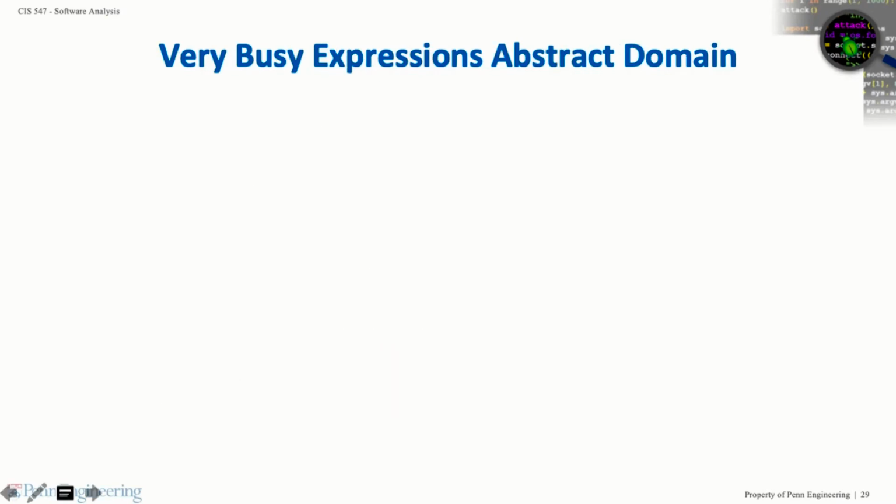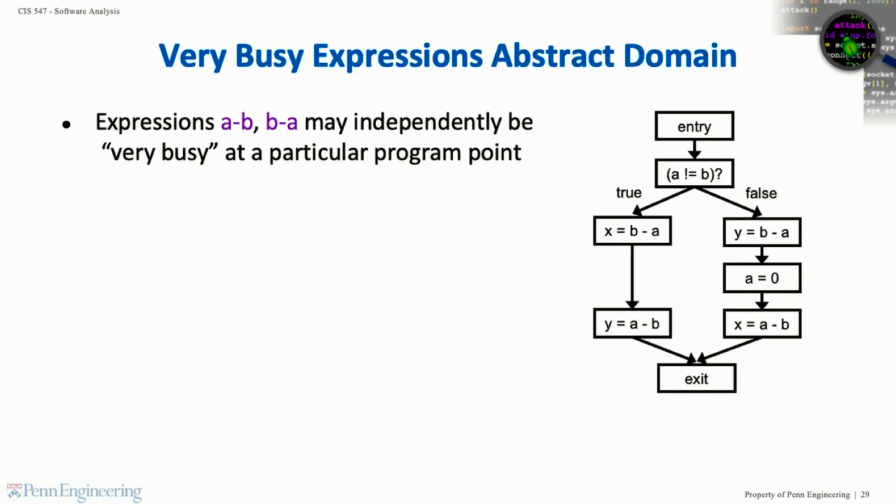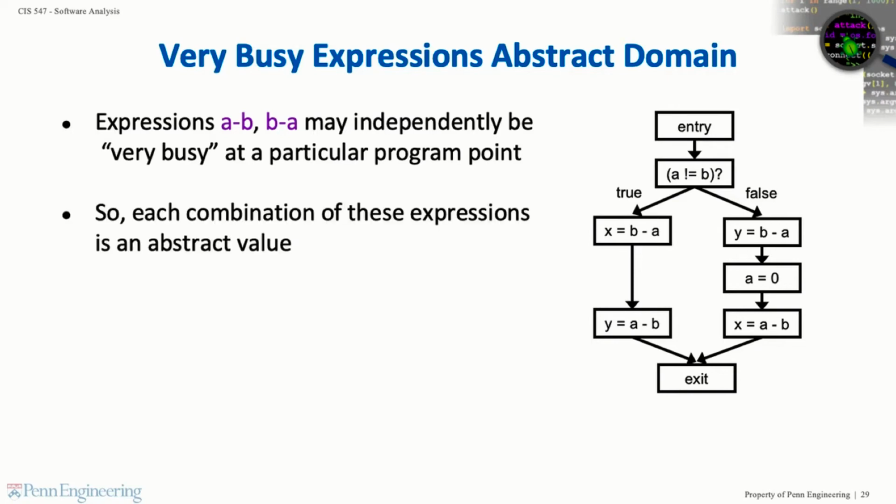Now let's consider the abstract domain for very busy expressions analysis. The expressions a minus b and b minus a may independently be very busy at a particular program point. So, each combination of these two expressions is an abstract value. Since the abstract domain is the set of abstract values, it becomes the power set of the set of these two expressions.